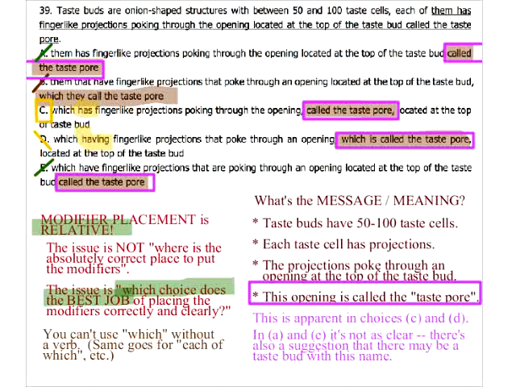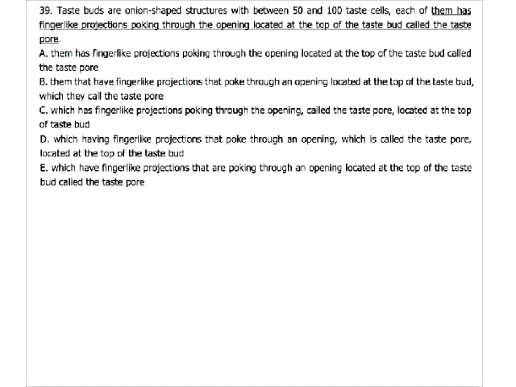But let's talk about each of which and each of them real quick, and then we'll call it a day here. So here's the same problem. Watch out for run-on sentences.